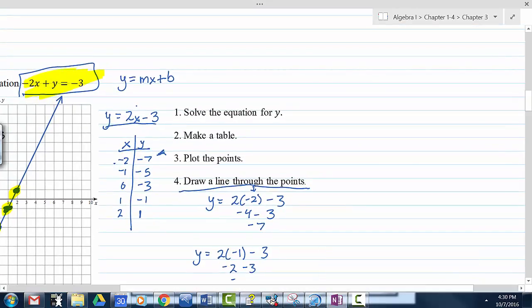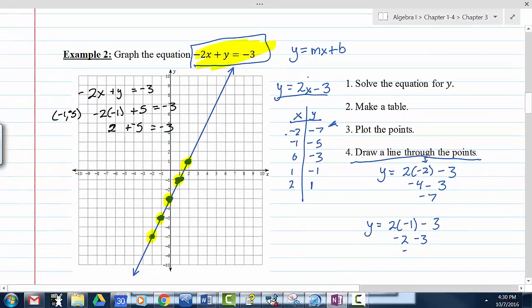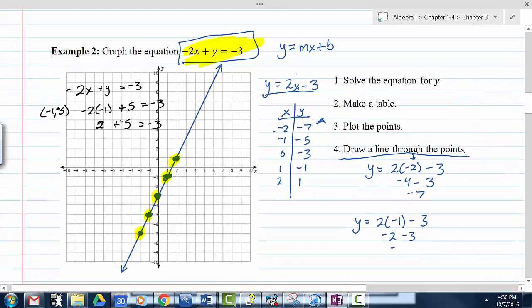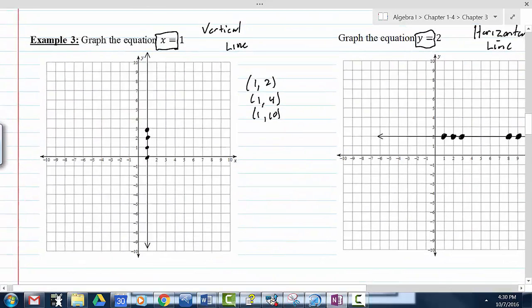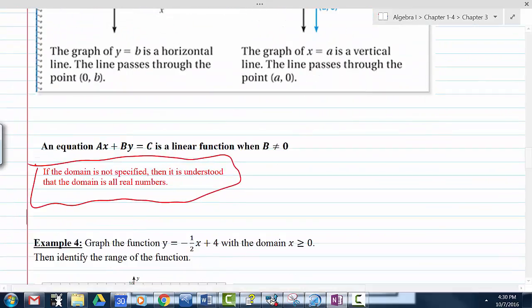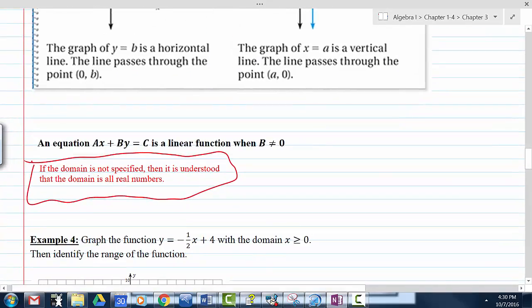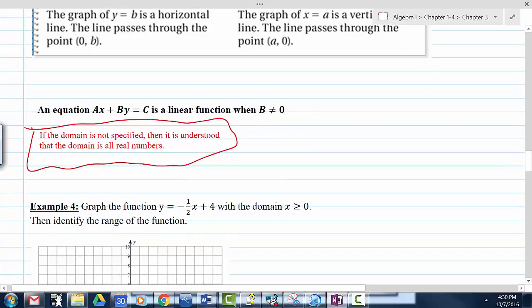So, same thing with this line. You know that the x is pretty much defined everywhere, but if it's not defined, that's what we're going to assume it is. What if we do define it?